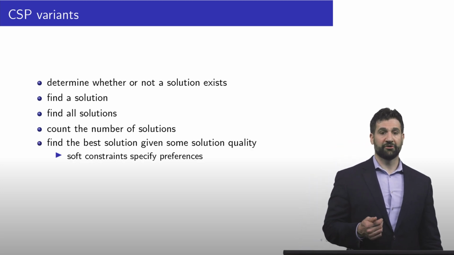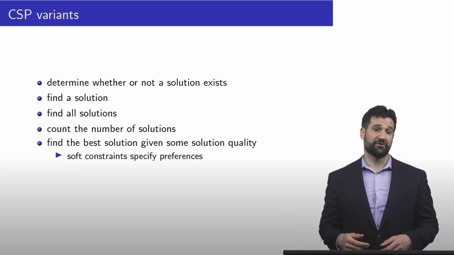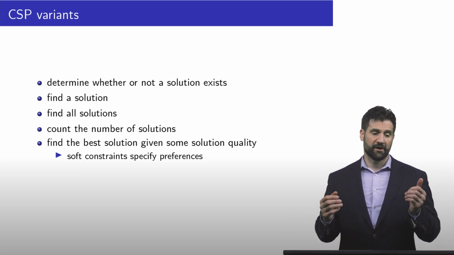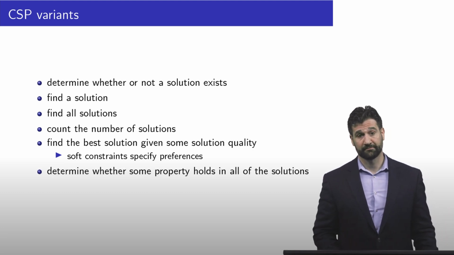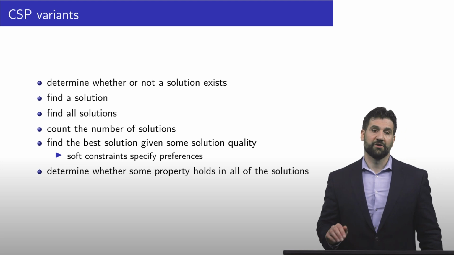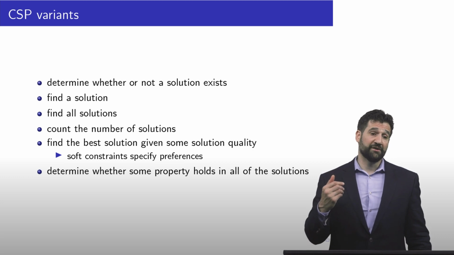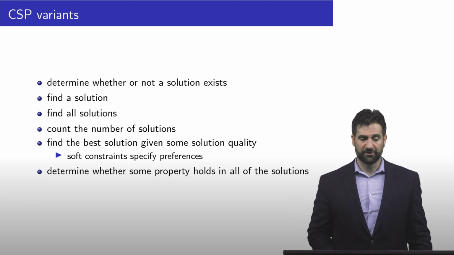Finding the best solution given some quality metrics. So we could also specify some preferences over constraints. You can think of this as an optimization criteria where some solutions are more desirable than others. Determine whether some property holds across all solutions. And this would be called a necessary condition, something that is required for any solution to the CSP.